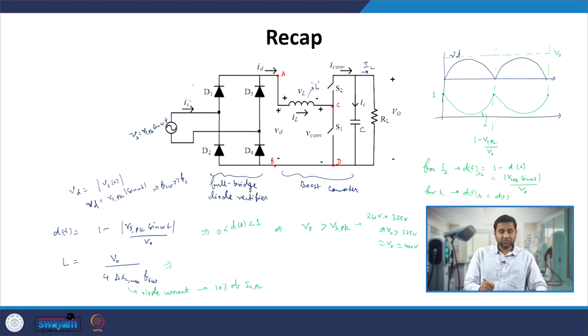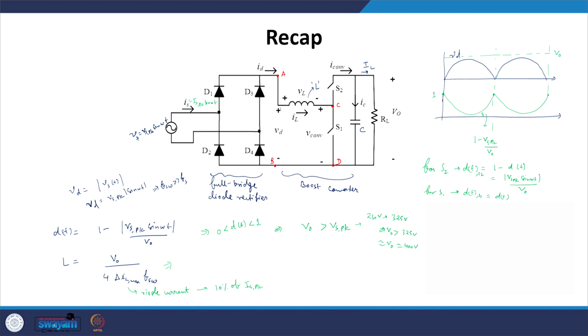Since this converter is operated such that you draw a unity power factor current, we can write Is peak sin omega t, where the AC voltage and the current drawn from that voltage source are in the same phase.